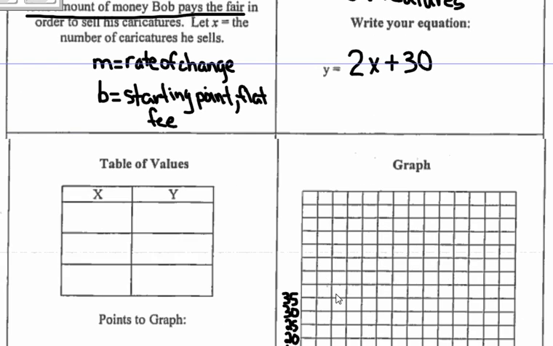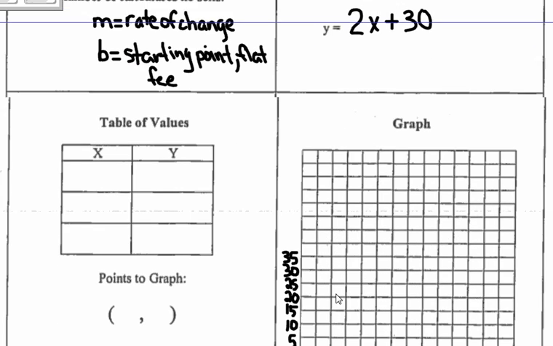Okay, so now we want to go down here to the next two boxes. We're going to take this equation that we have, and we're going to make a function table of values, so that we can plot those. You can choose any points you want for x. I like to choose 0, 1, and 3. To me, they're pretty easy. And I'm going to go ahead and put 0 in here for x.